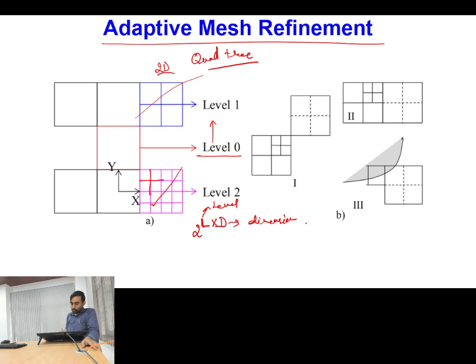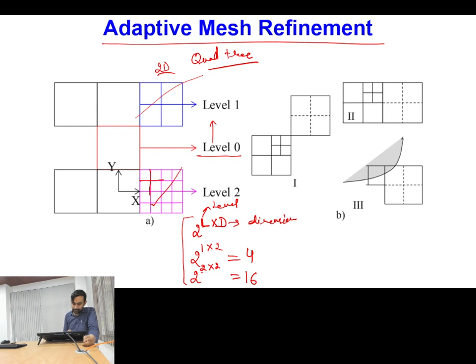For a two-dimensional problem, for level 1, it will be 2 power 1 into 2, which is 4 cells. If you do level 2, then 2 power 2 into 2, so 2 into 2 is 4, 2 power 4 is 16. So you can see that from the base level, when you have done level 2, it has converted your cells into 16 cells.